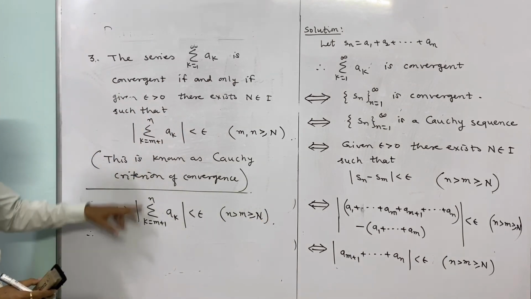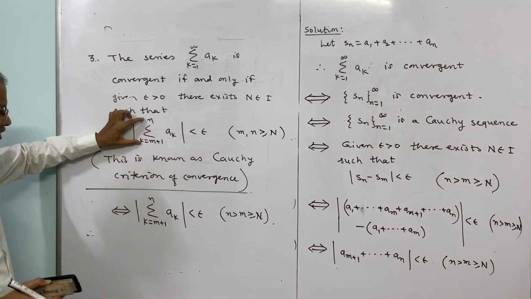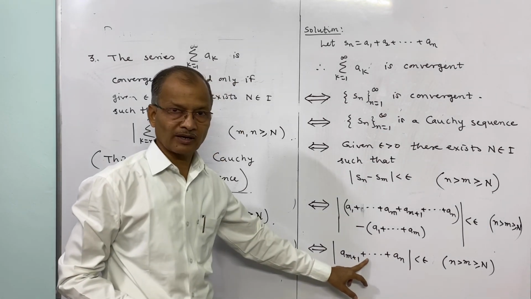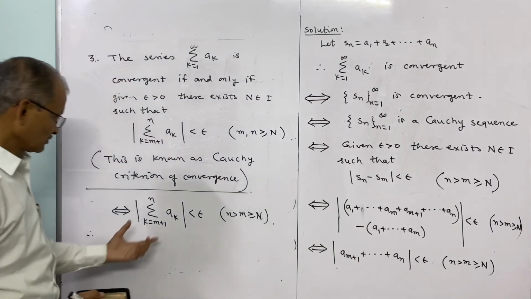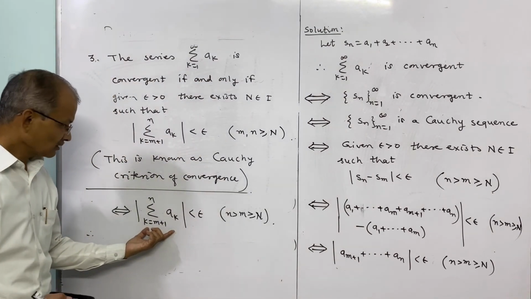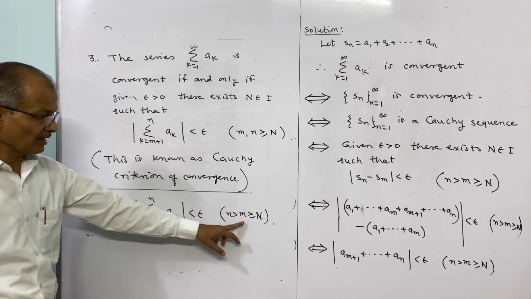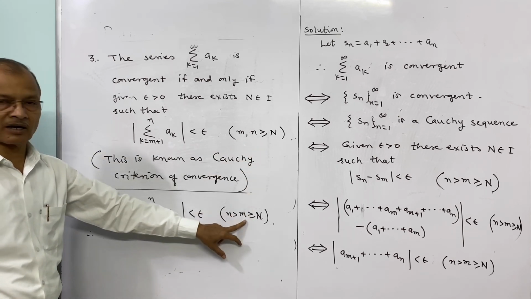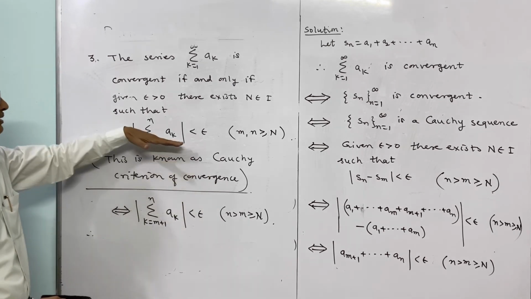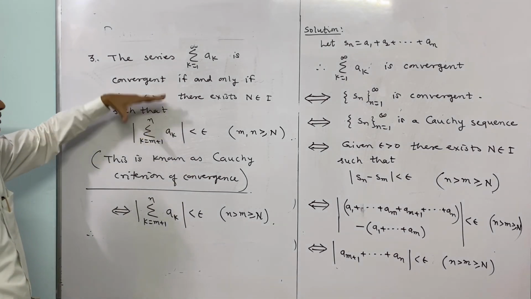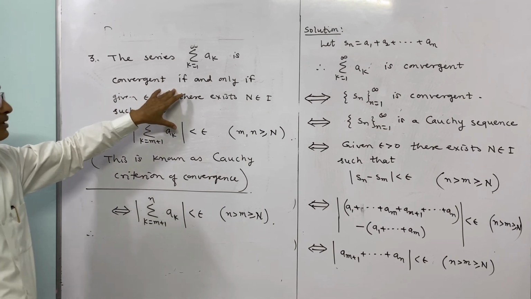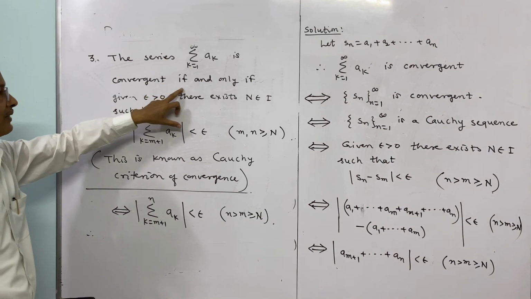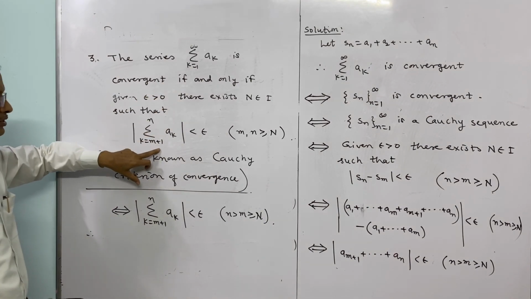So this is what we wanted to show. The summation with k from m plus 1, then am plus 2, and so on up to an, is written in sigma notation, and that is less than epsilon for n, m greater than or equal to capital N. Our assumption is n is greater than m, and thus this proves the result: the series sigma ak is convergent if and only if it satisfies the Cauchy criterion.